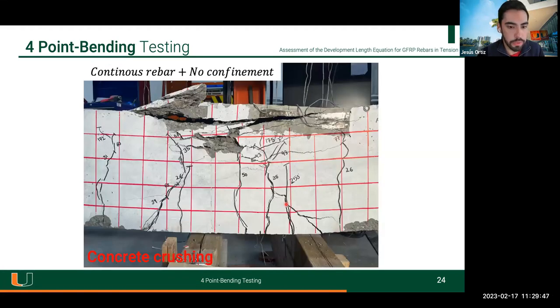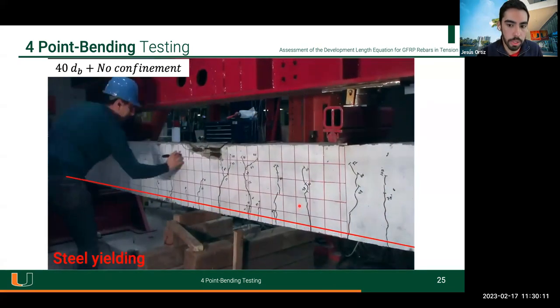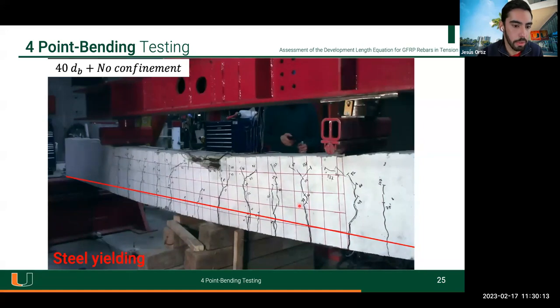This beam was the reference one. It was a continuous rebar with no confinement. So in this case, the expected failure mode was concrete crushing, and we classify this as concrete crushing. The rebar didn't break, and here we didn't have any slippage or splitting. Finally, one of the reference specimens, the beam with the steel rebars, where we have the steel yielding failure mode.